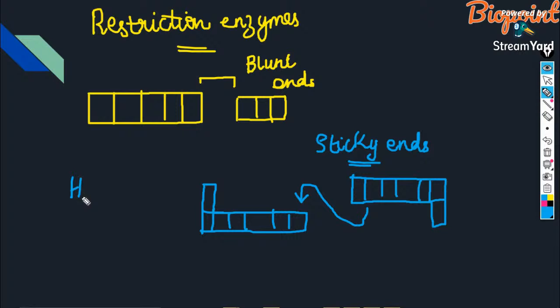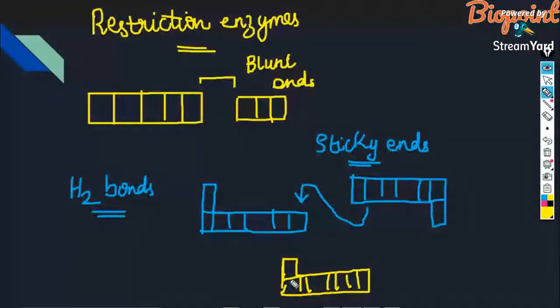In the previous diagram, it is shown very clearly about the hydrogen bonds projecting out. When these two particular things are fixed together, this is one sticky end produced, and this is another sticky end produced.